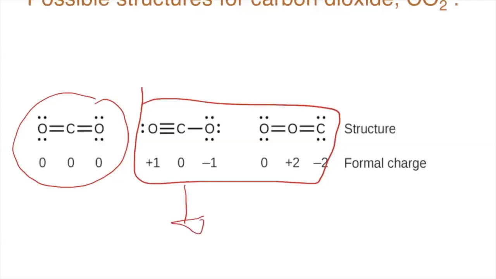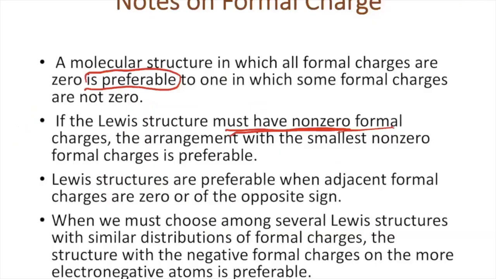That one, because it has the smallest formal charge. Then it says Lewis structures are preferred when the adjacent formal charges are 0 or the opposite sign. Then the last one is when we must choose among several Lewis structures with similar distributions of formal charges, the structure with the negative formal charge on the more electronegative atom is preferable.